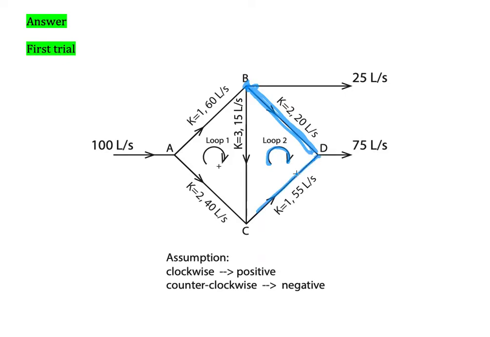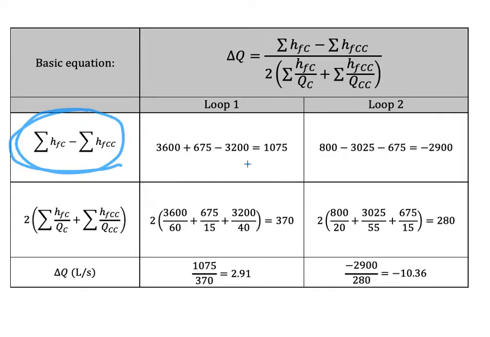Here, the direction is reverse to the loop, so we have negative, and the direction of the loop here is also reverse from the loop direction, so we have another negative at this point. That's why we calculate 800 minus 3025 and minus 675. So we get negative 2900. It's okay to have a negative value.